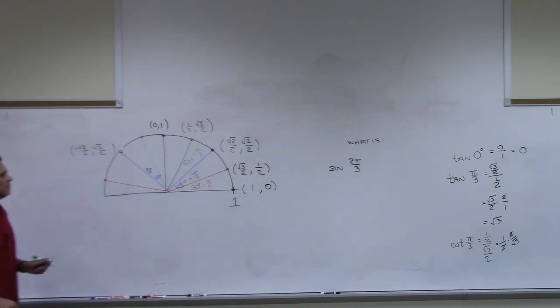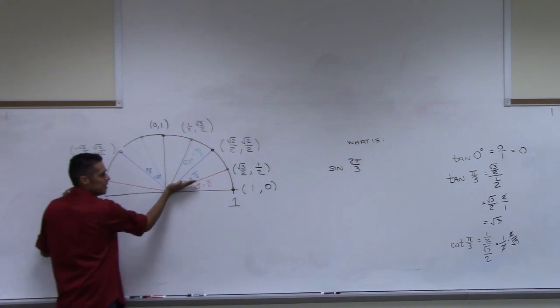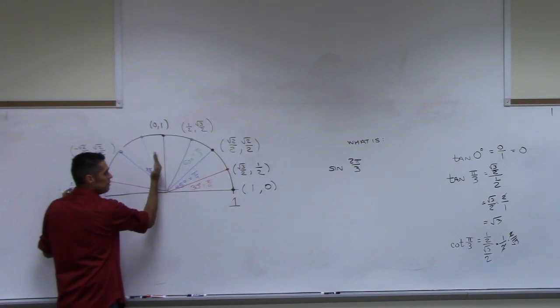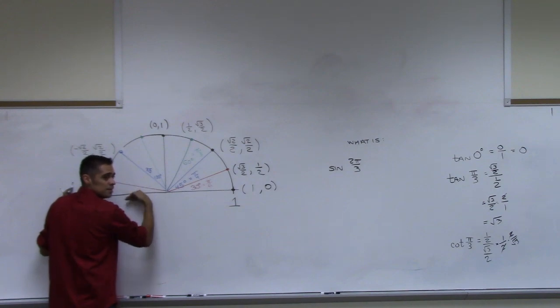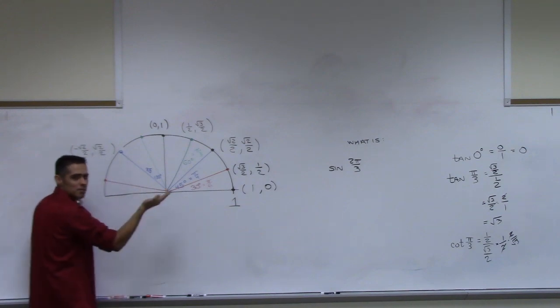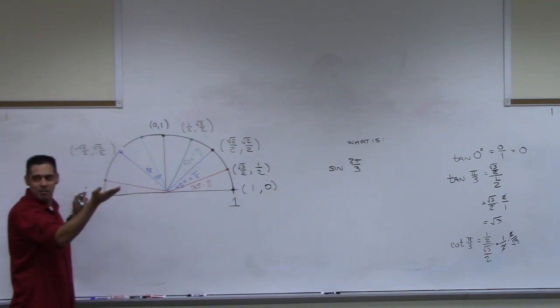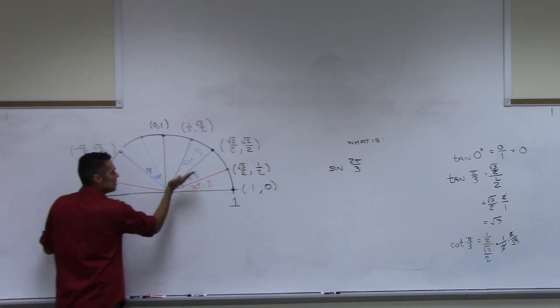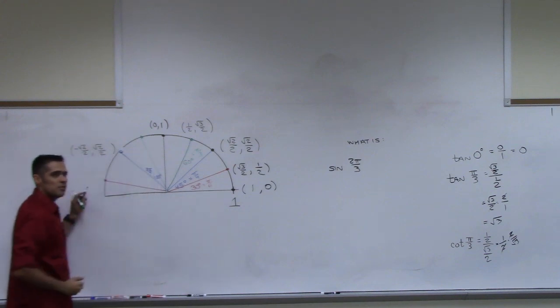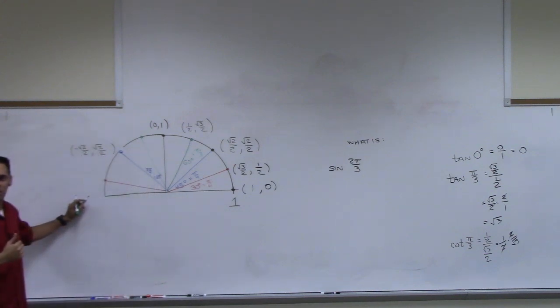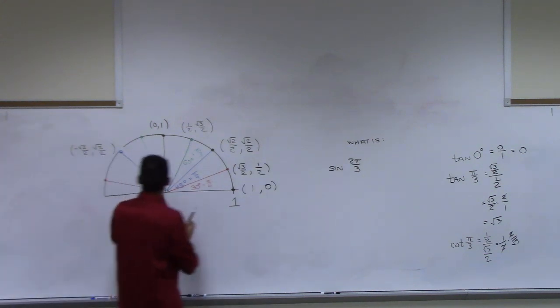Let's try it this way. This is pi over 6, right? Isn't this 2 pi over 6? 3 pi over 6? 4 pi over 6? 5 pi over 6? 6 pi over 6? This is why I was trying to get you to count before when I first introduced this. Pi over 6, 2 pi over 6, 3 pi over 6, 4 pi over 6. This is 4 pi over 6. That fraction reduces. 4 pi over 6 is 2 pi over 3. So this is 2 pi over 3.